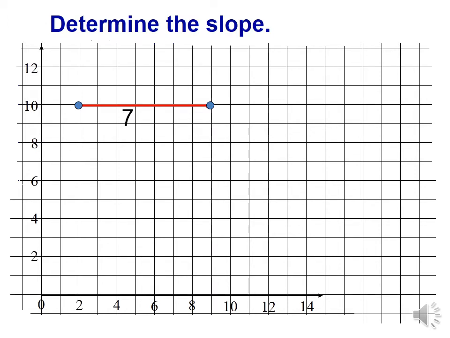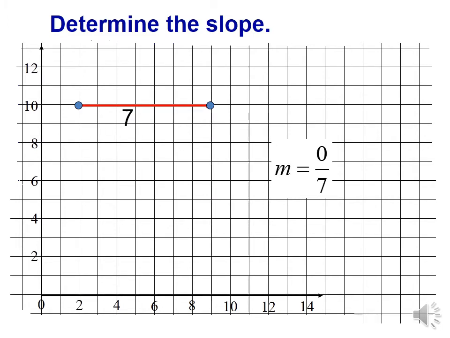Here the change in the x direction is 1, 2, 3, 4, 5, 6, 7. That means x2 minus x1, and there is no change in y, right? So no change in y means 0 over the change in x, which is 7. Finally it will be 0 over 7, which means 0.